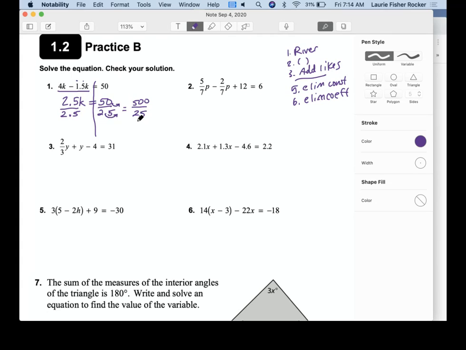Oh, but look, 25 goes into 50. That's 2 times, and then just add a 0. Or you could use a calculator if you have to, but you should be able to do some of that math mentally. Okay, so k equals 20.